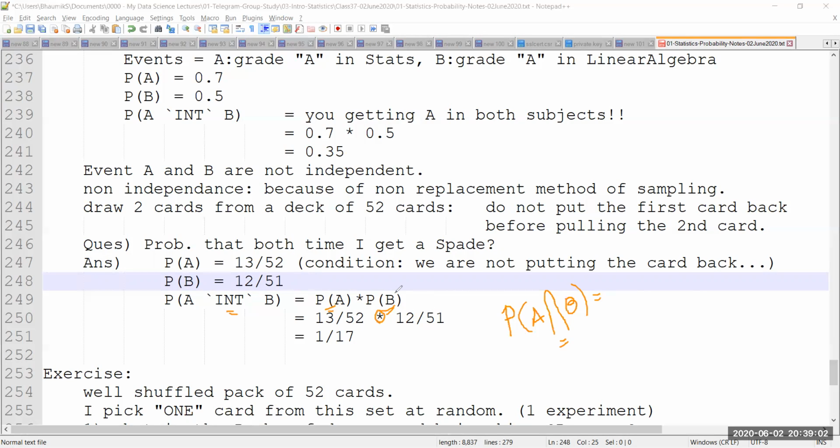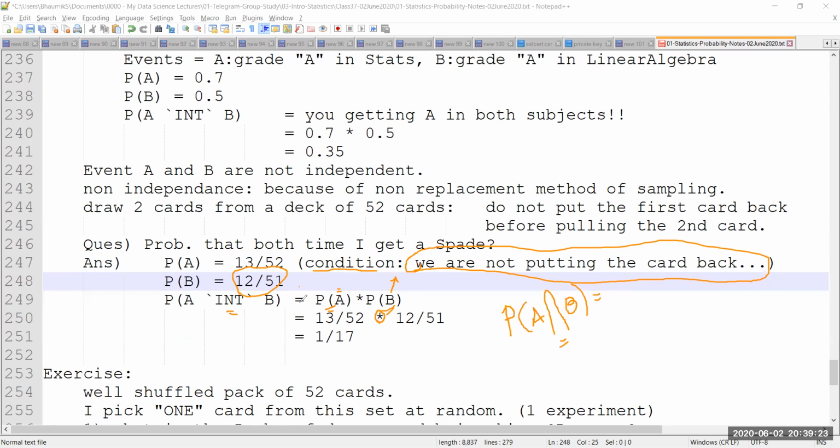But in this case, what I see is that this event B itself is dependent on a condition that I've applied on the event A. When I was doing the event A, I took a condition that we are not putting the card back. This condition satisfied, then only this number makes sense, or otherwise this number is not going to make sense, right?